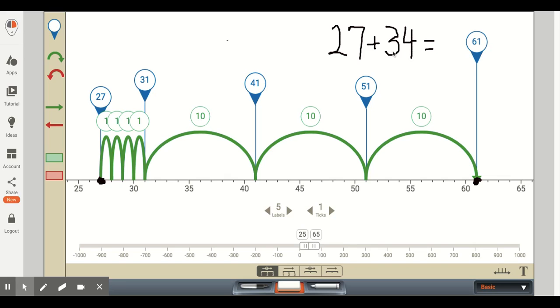So if a student thinks that it might be a little bit easier for them to start with this number 34 in the number line, they would simply use their starting point as 34, and then they would add 27 to it by either adding two tens first and then the seven ones, or the seven ones first and then the two tens. Nonetheless, they will be getting the same answer of 61.